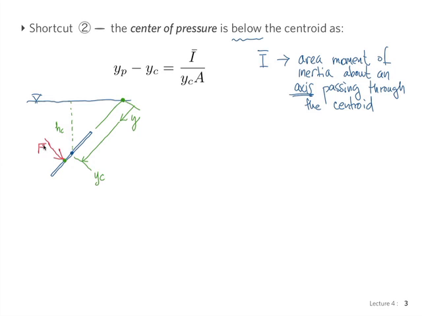So there's F, and somewhere below here we have YP. I call it P for center of pressure. And this difference here, YP minus YC, how much below the center of pressure is, is indicated by the area moment of inertia around an axis passing through the centroid, divided by YC and the area.